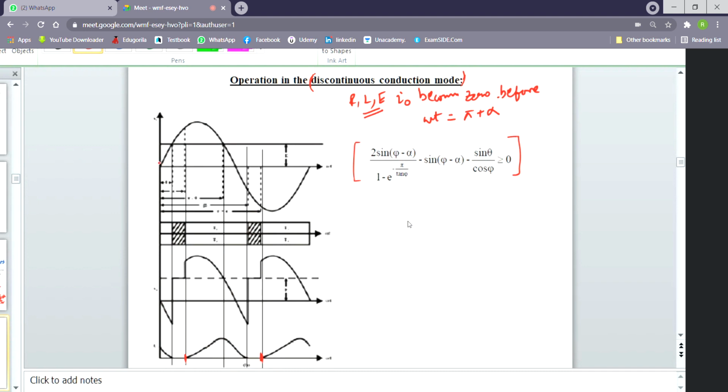So again, this is the supply voltage Vi, this is the load voltage, and this is the load current I0.